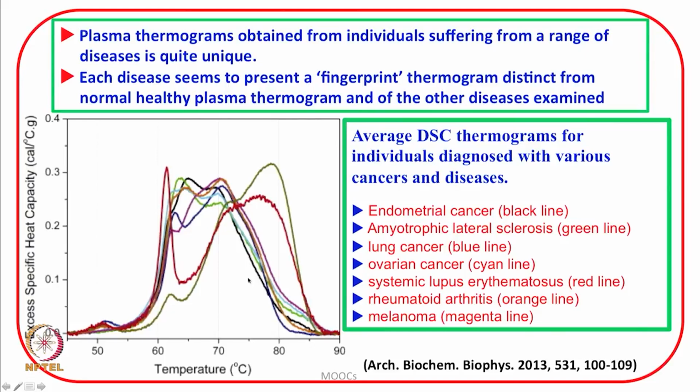Therefore, there is a lot of potential in this technique in pointing out whether the person is healthy or is having some disease. And that is why this comment was made that each disease seems to present a fingerprint thermogram distinct from normal healthy plasma thermogram and of other diseases examined.